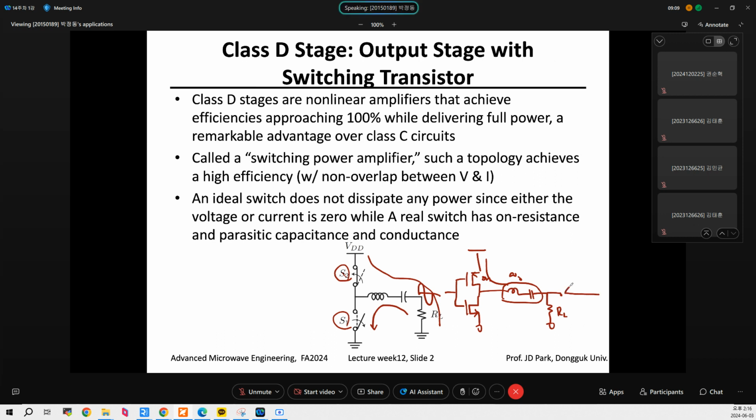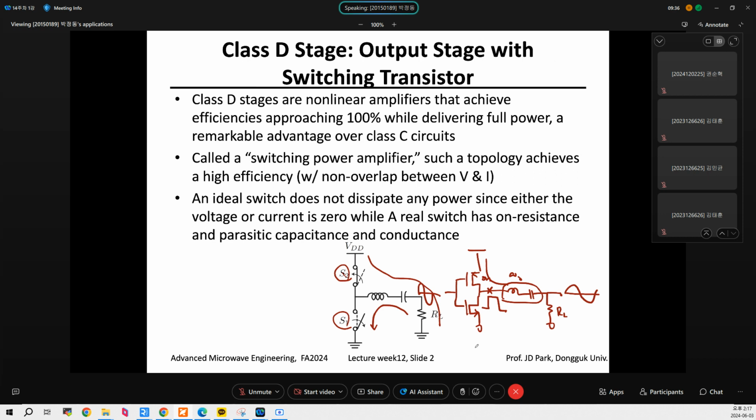So therefore, it is providing this kind of voltage. Also be noticed that if you take a look at this point, the output is exactly just a rectangle.